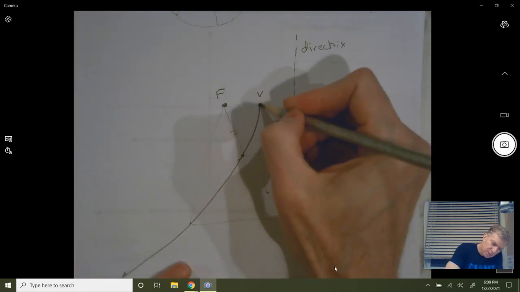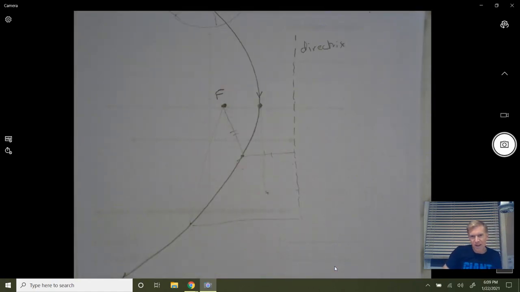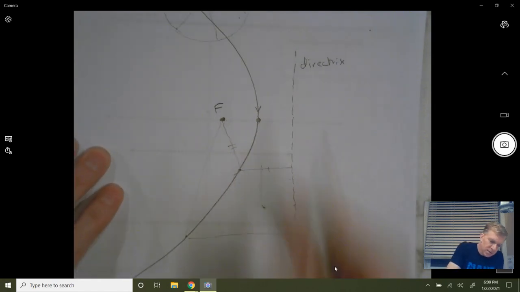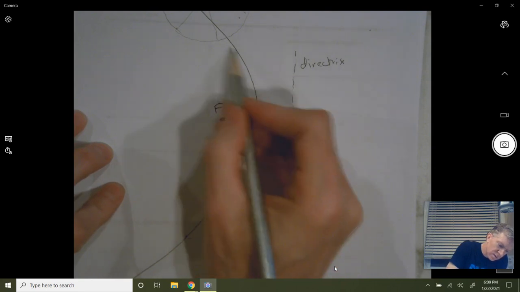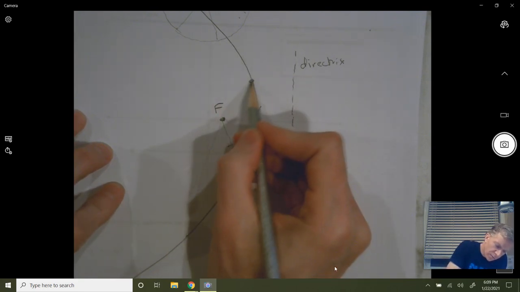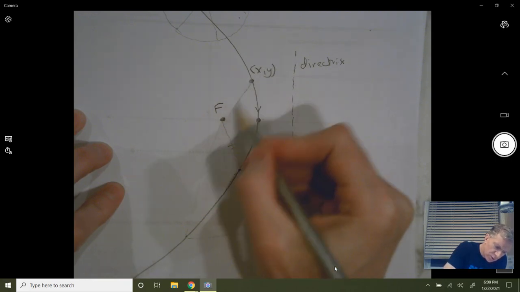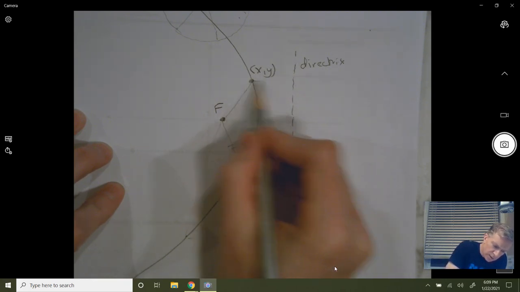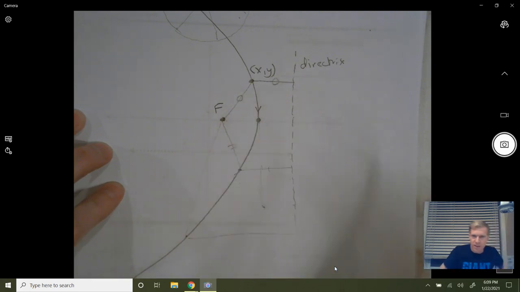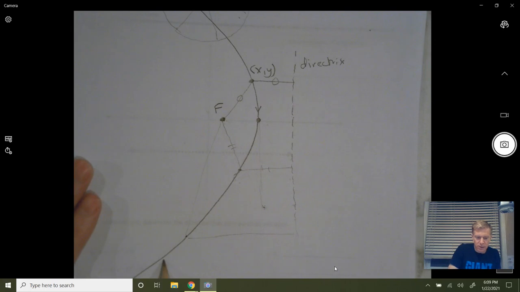Same thing happens as you go in this direction. Okay, and as you can see, we get a parabola. You could pick any point on this parabola, any point x comma y, and the distance from that point to your focus should be equal to the distance to your directrix. Okay, I just freehanded that, so they might not be perfect, but every point on this parabola should be equal distance from the focus as it is to the directrix.